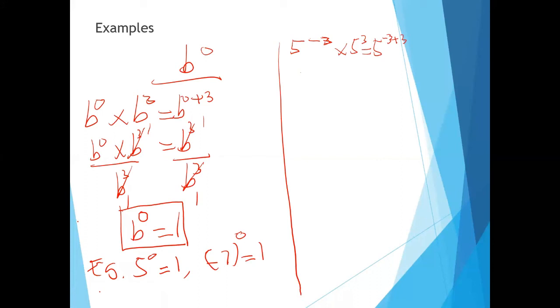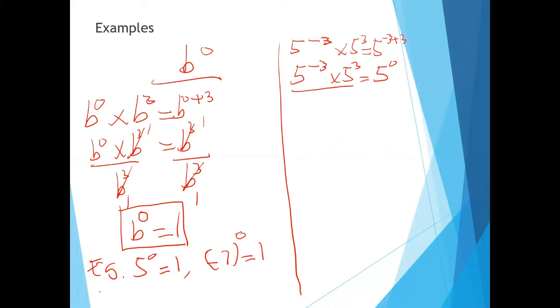So write 5 raised to the power minus 3 times 5 raised to the power 3. That will give us 5 raised to the power 0.